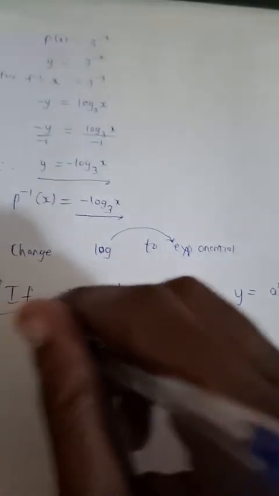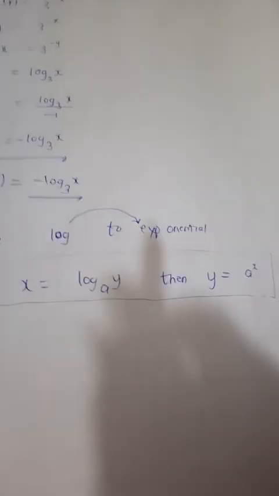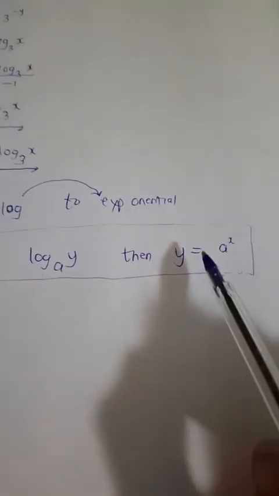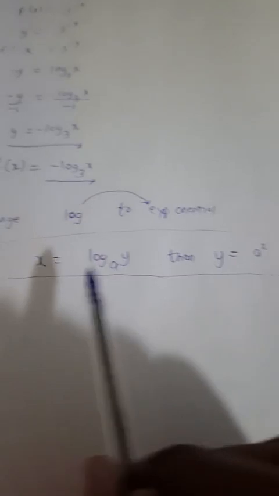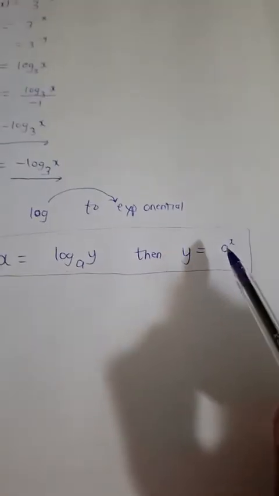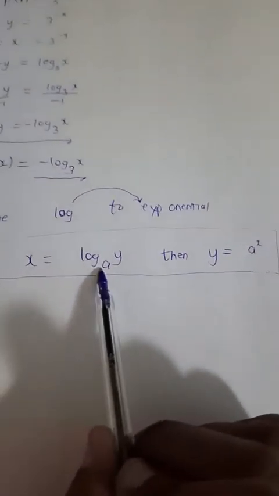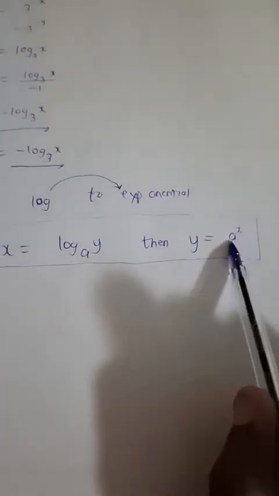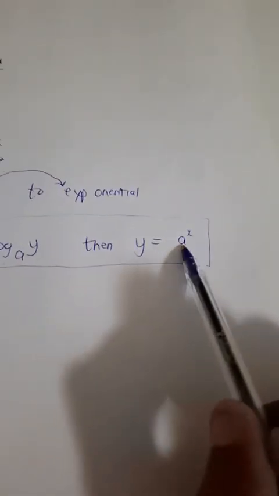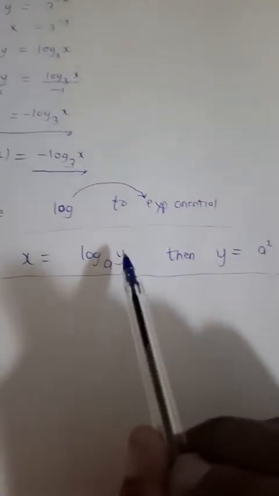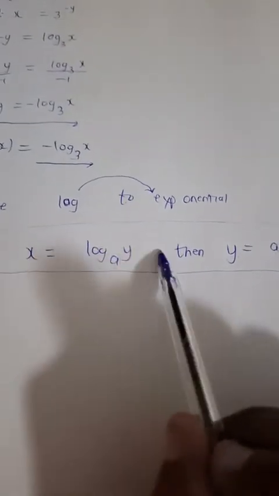So I need to just grasp these rules. Remember, y is equal to a to the power x: the exponent becomes the subject, the base becomes the base of log, if we're converting from exponential to log. And then y would be simply stationed next to the log.